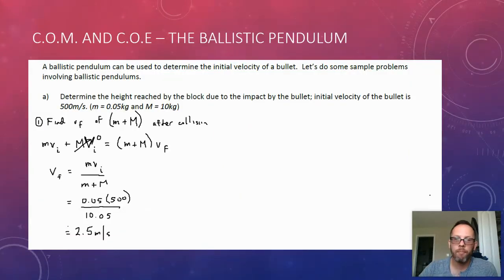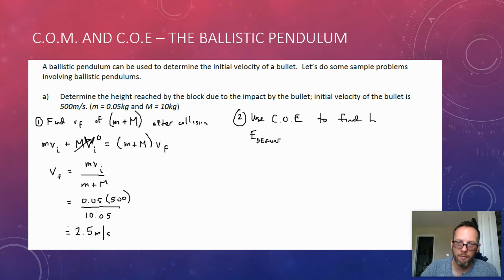So in step 2 of this problem, we're going to use conservation of energy to find the height it swings to. So you can set it up, if you like setting up E before equals E after. I'm kind of a fan of doing this. Not always, but this question does not involve springs at all, so no need to toss that in there.